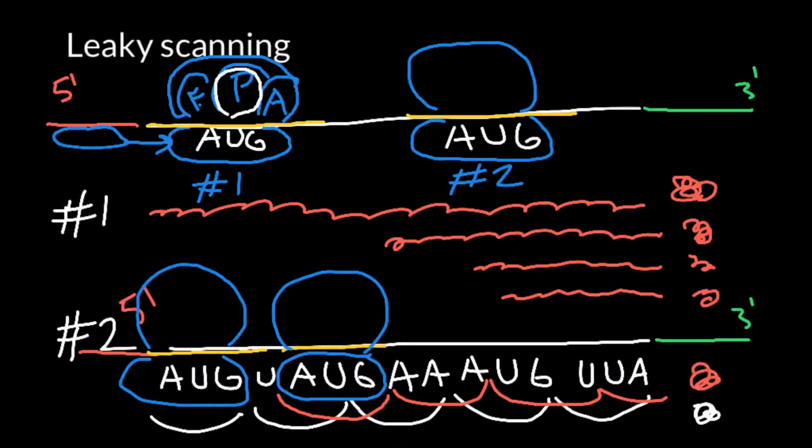So each protein, as you remember, has an N-terminus and a C-terminus. The C-terminus would be the same, but the N-terminus would be different in each such protein. Just like if you take a look at this messenger RNA, each messenger RNA has a 5' end, which is the beginning, and a 3' end, which is the ending of the messenger RNA. Each protein also has an N-terminus and a C-terminus.